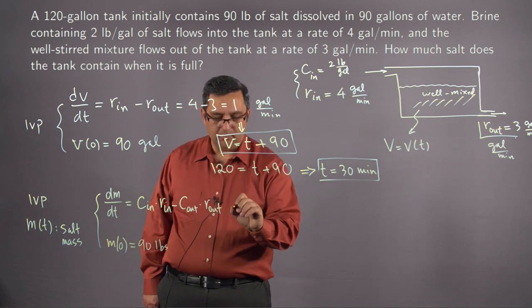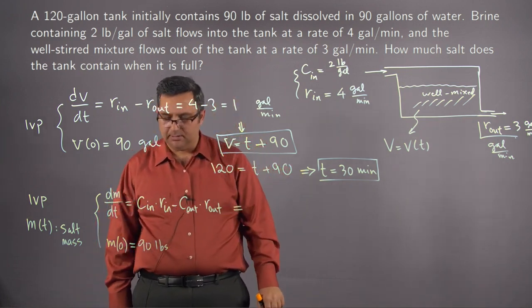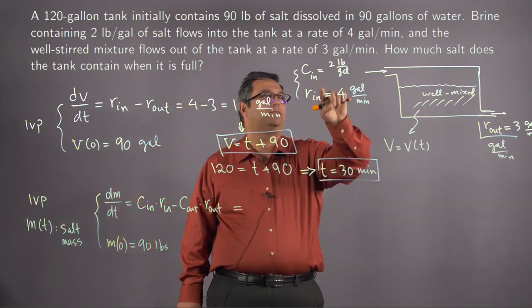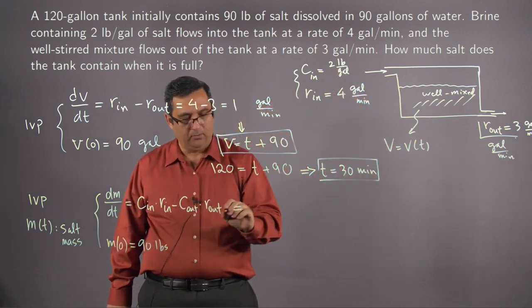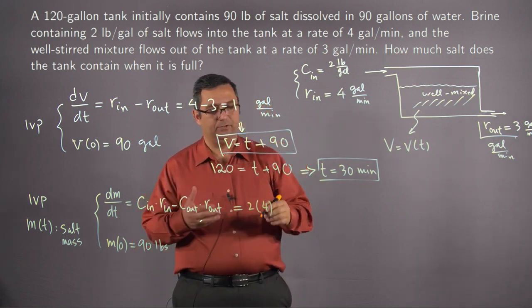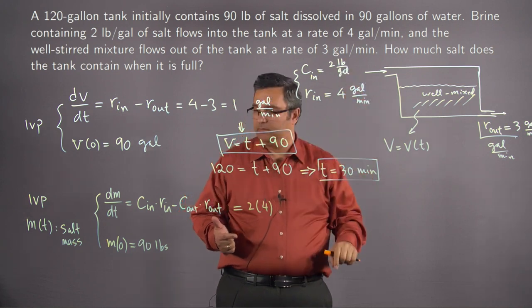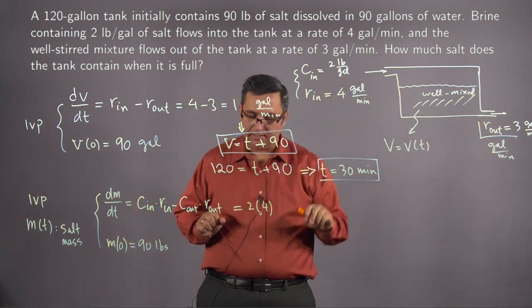So let's see what the right side of this differential equation is going to look like. C in and R in are given, the control parameters that we have. We have 2 times 4, which is 8 pounds per minute. That's the rate in of the salt mass pouring into the tank.